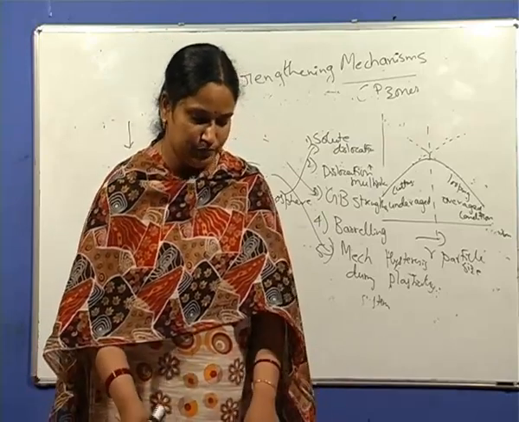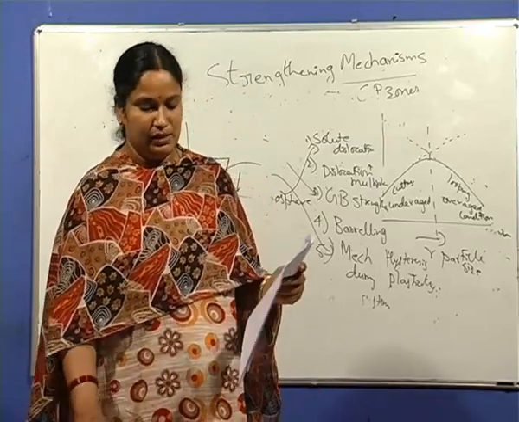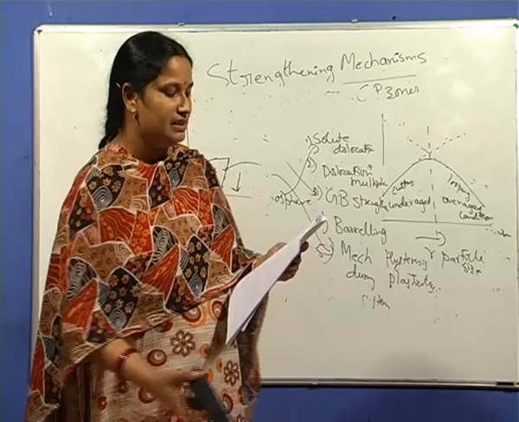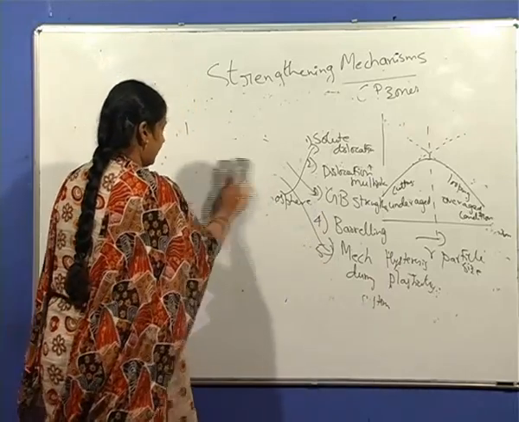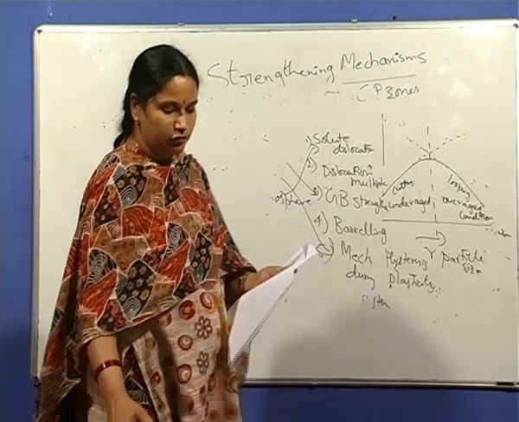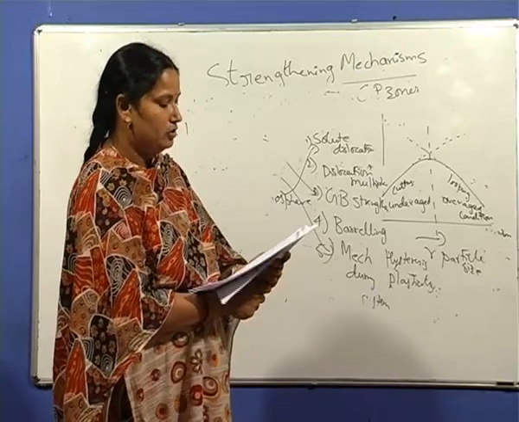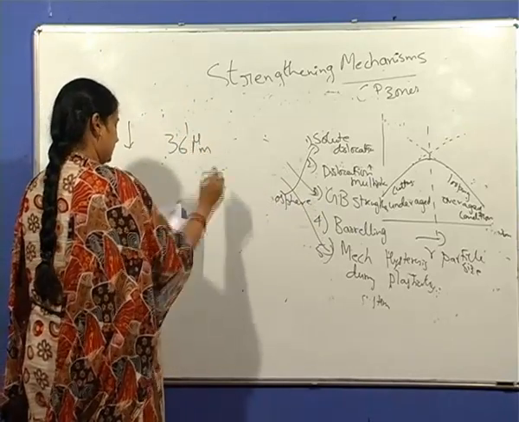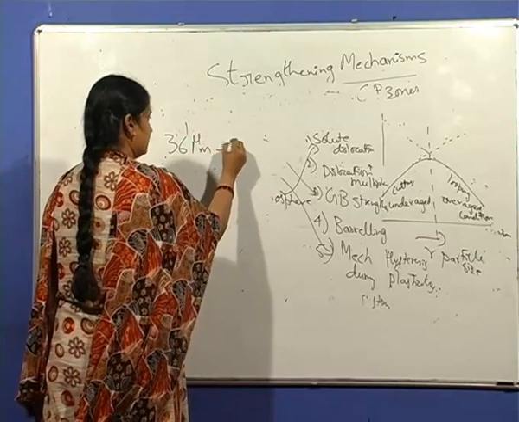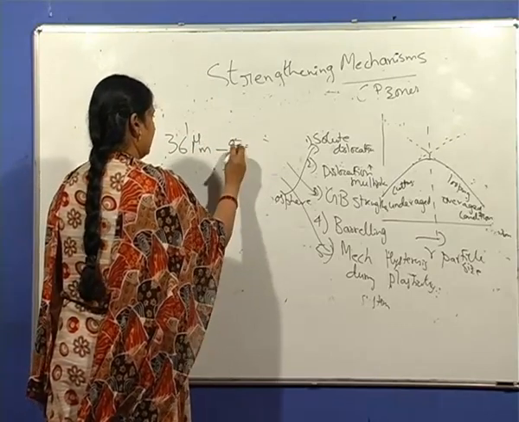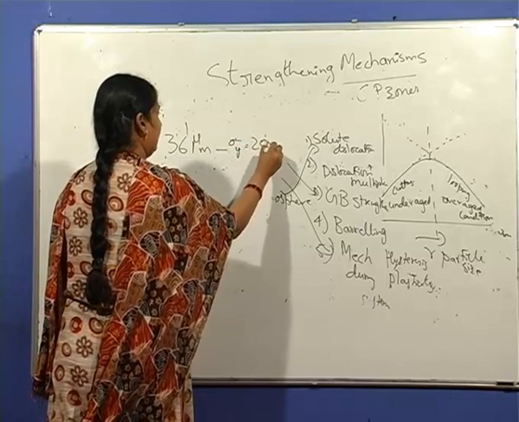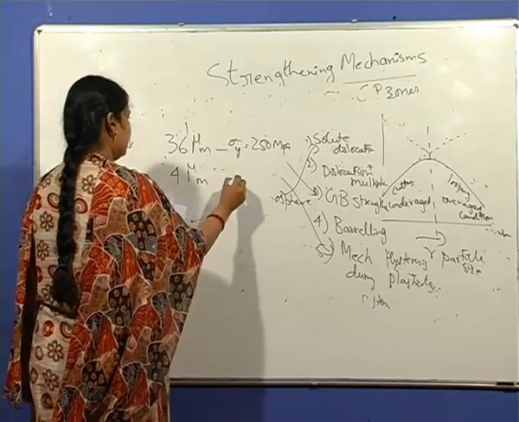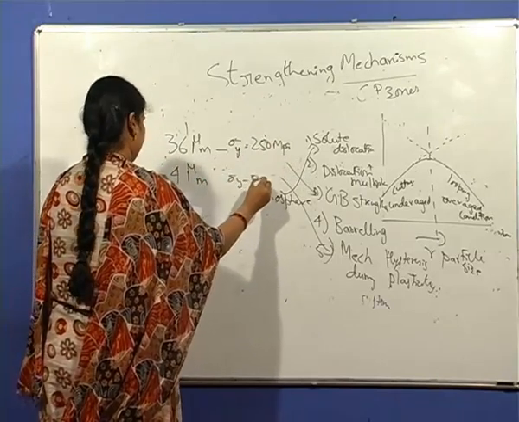And one problem is given to you. Question number 21. Please try out this problem. This problem is based on the Hall-Petch relation. A metal with an average grain size of 36 micrometers has a yield strength of 250 MPa, and that with 4 micrometers has a yield strength of about 500 MPa.